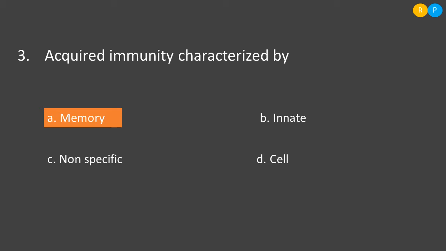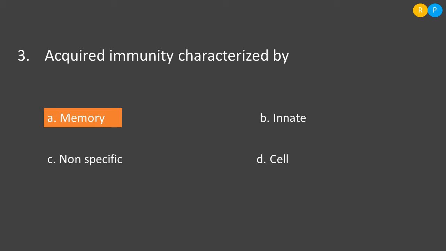That means once you have been attacked by one kind of pathogen, in the future when the same pathogen enters your body, your immune system accurately recognizes that pathogen and immediately releases a weapon to destroy it. Our acquired immunity works based on memory.